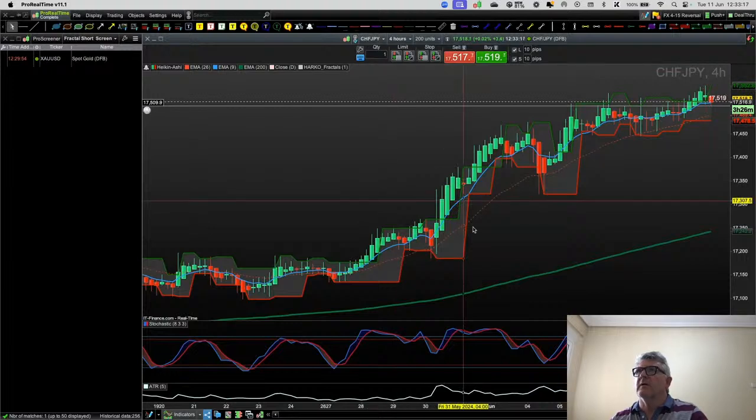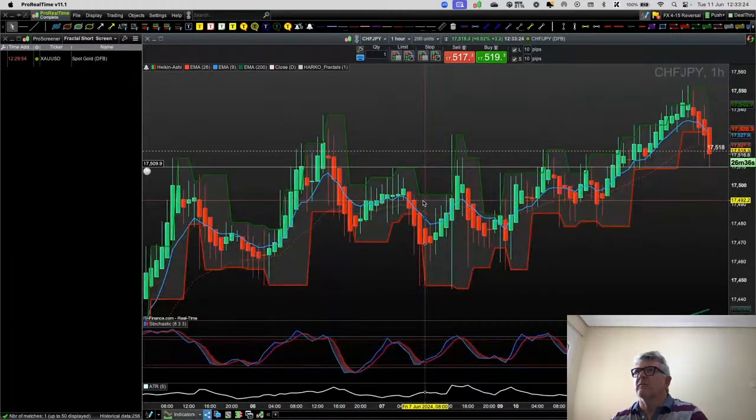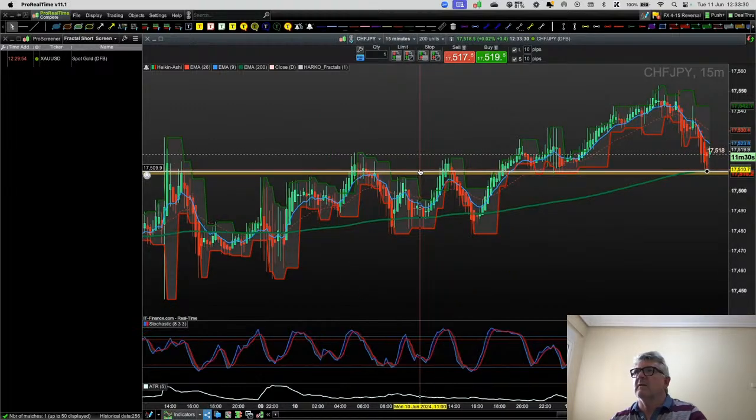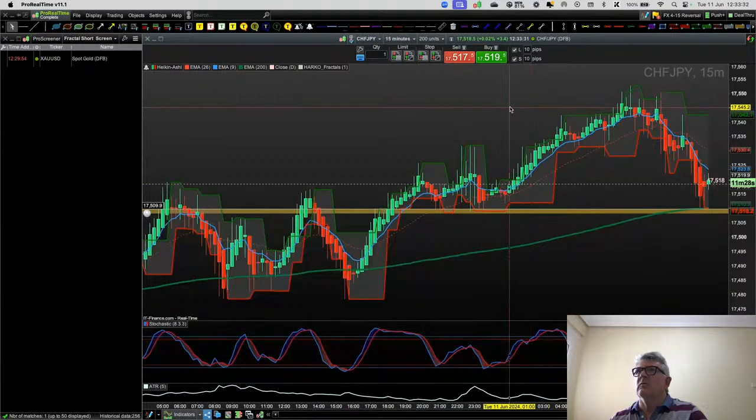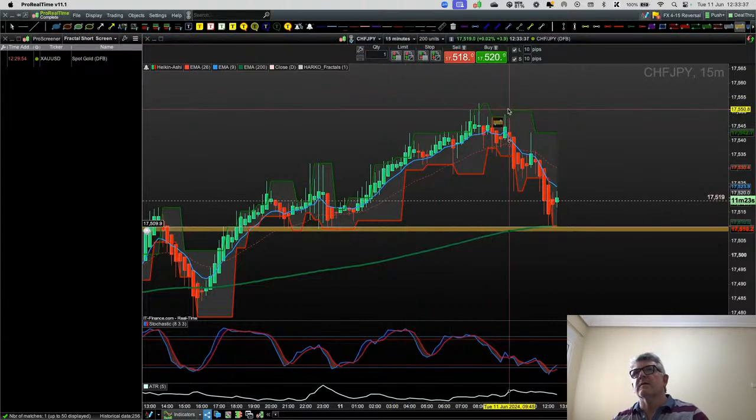Swiss against Japan, very, very powerful. You can see the 200 EMA, 1 hour, absolutely very powerful. Markets really pulled off back into the top of this congestion here. Now back into the 15-minute. And once markets have hit an all-time high, they generally go back and at least test it.